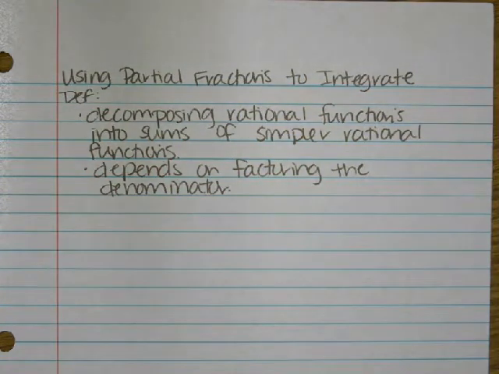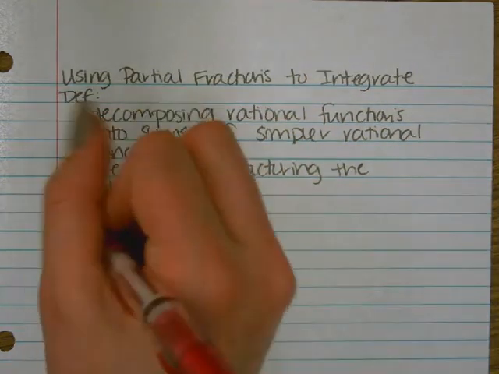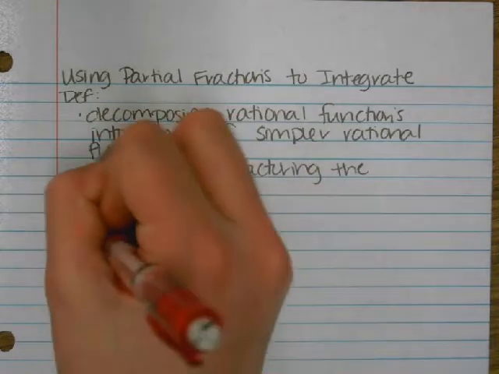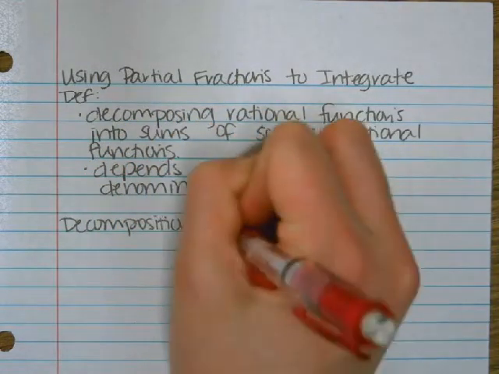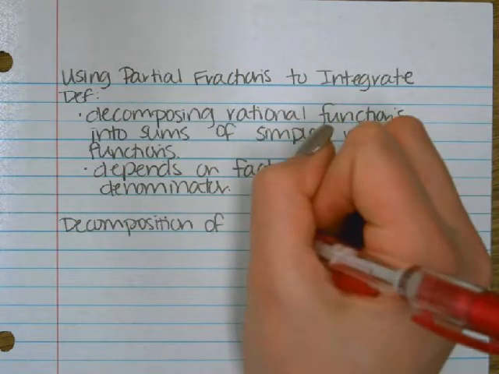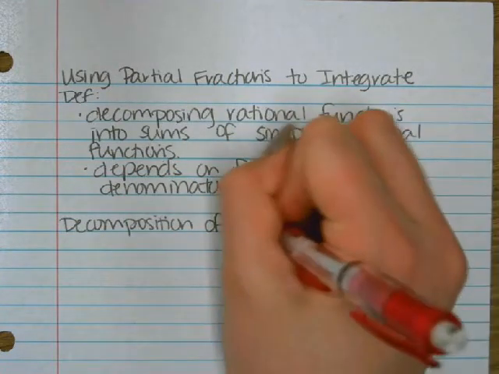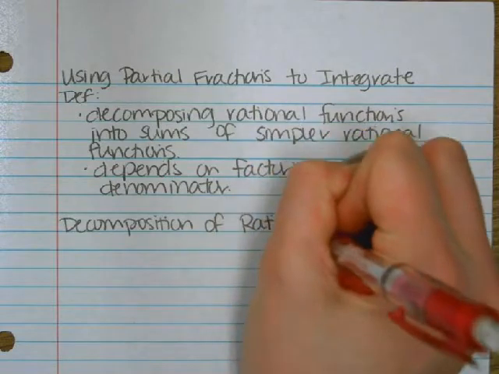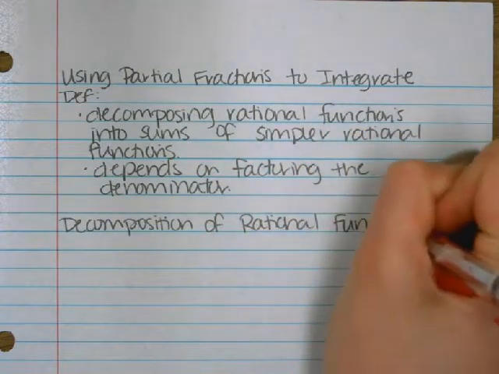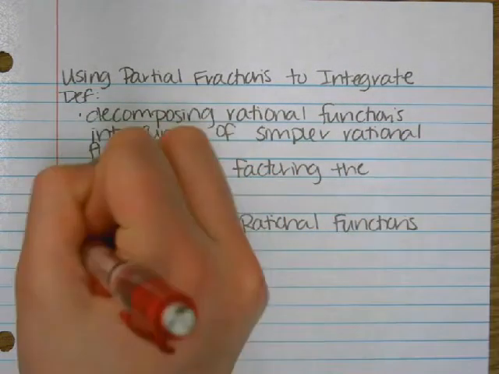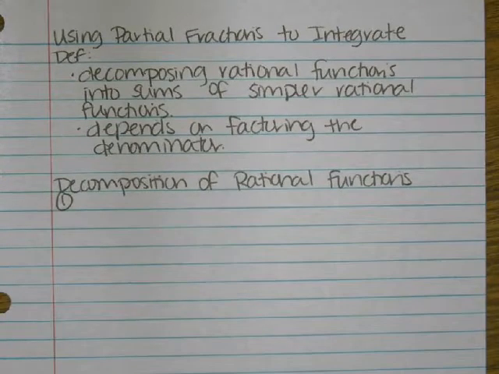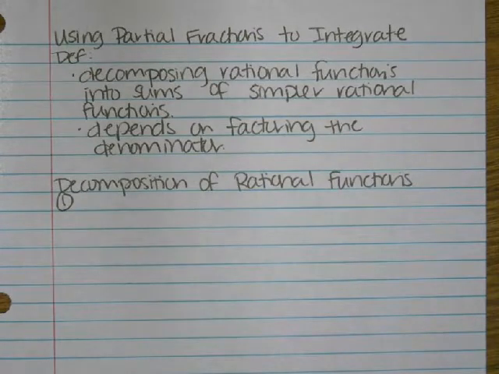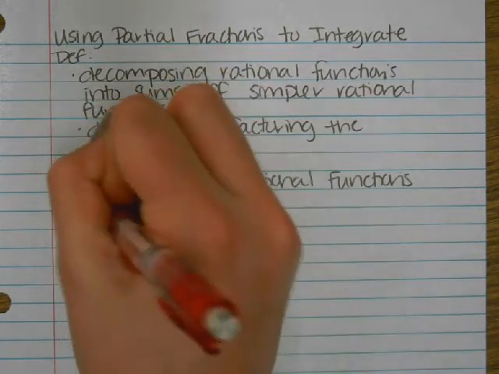All right, so the process that we use for decomposition of rational functions: first, before we see if we can do partial fractions using the method of factoring the denominator in a long process, we're going to check to see if long division is possible.